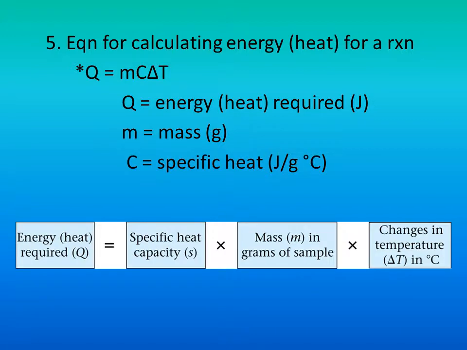Just so you know this, that specific heat, if you look at the unit, is joules per gram degrees Celsius, because Q has to be in joules, mass has to be in grams, and our temperature is going to have to be in degrees Celsius. Delta means change. That's the Greek word for delta is change. So delta T is a change in temperature, which means you take the final temperature minus the initial. So if my room was 20 degrees to begin with and it went up to 25 degrees, the change in temperature is 5 degrees.